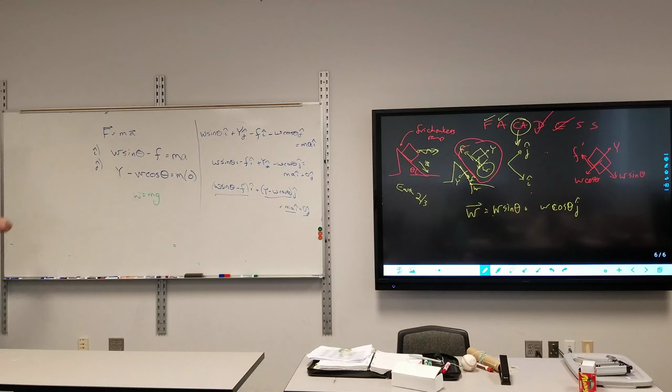Where this comes from is if I have an object in free fall, what are all the forces acting on an object while it's in free fall? Gravity, or weight. That's it, ignoring the resistance.